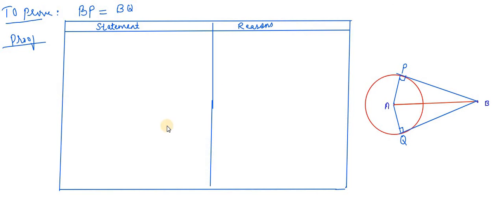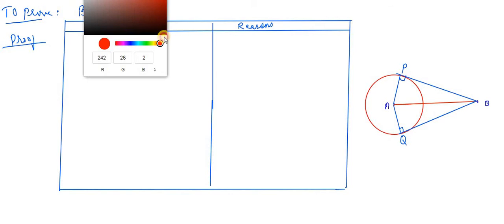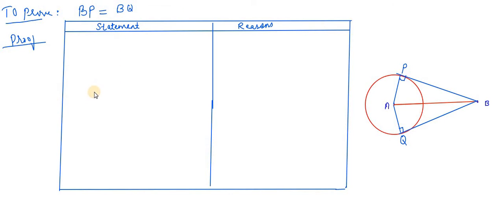Keep in mind that we need to prove that BP is equal to BQ. Now you may see that in this diagram we have two triangles, one is APB, another is AQB.